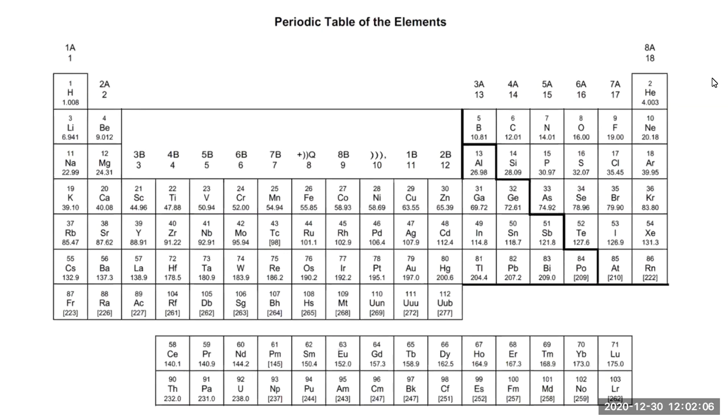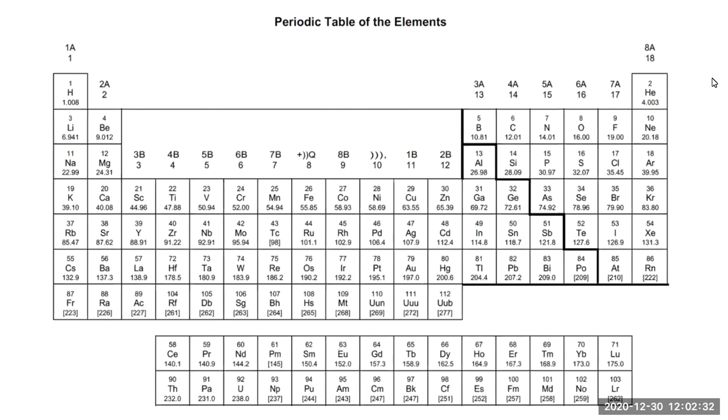So now that we know a little bit about our atomic symbols, let's look at our periodic table. As I said, there's a lot of information we can get from an element just based off of its location. And so we have to learn how to read a periodic table properly. When you look at a periodic table, first thing to note is we have columns and rows.